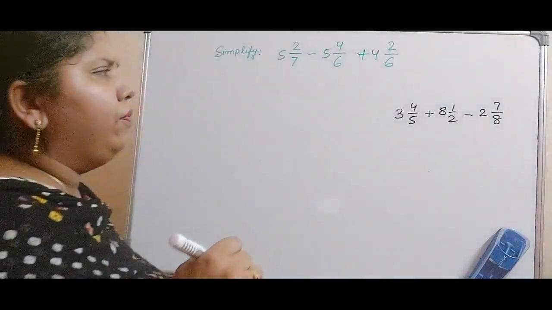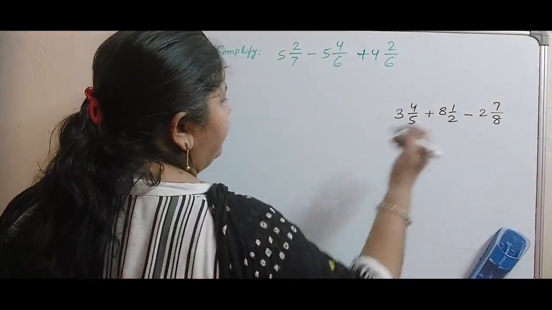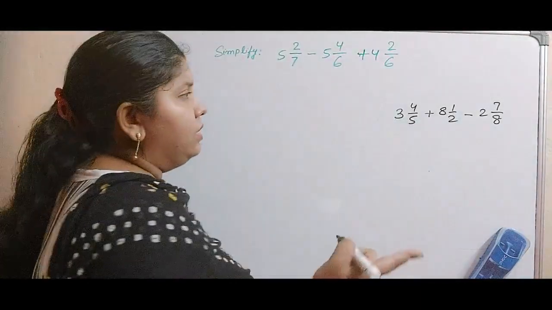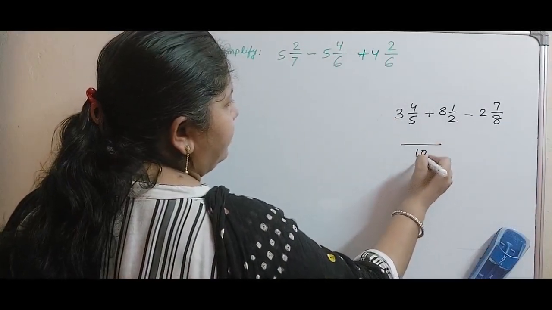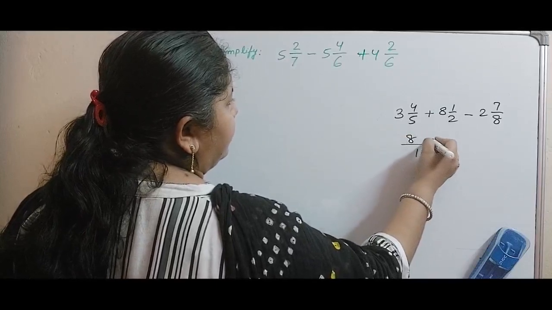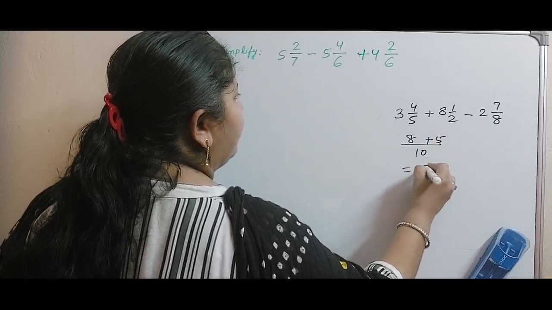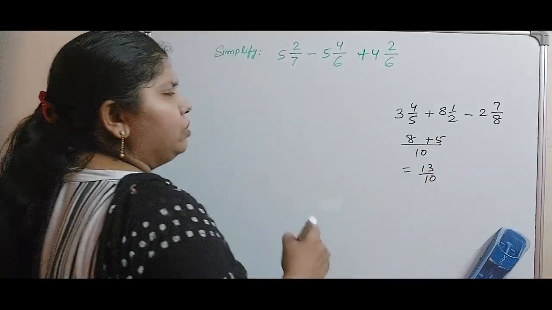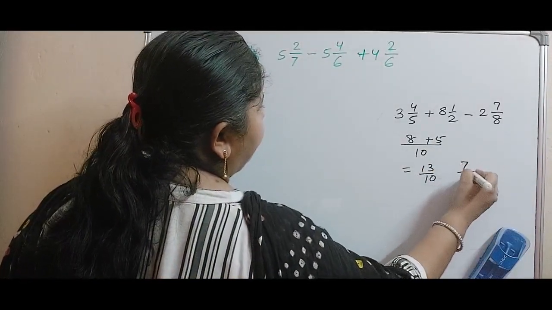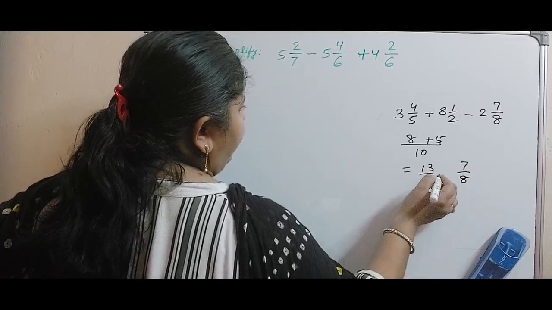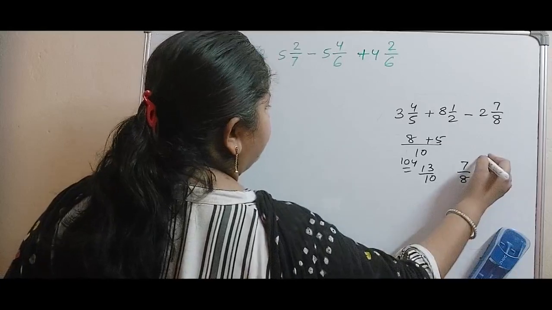If we add these two, 4 by 5 and 1 by 2, and compare with 7 by 8, we get 13 by 10. Comparing 13 by 10 with 7 by 8: 13 8s are 104 and 7 10s are 70.